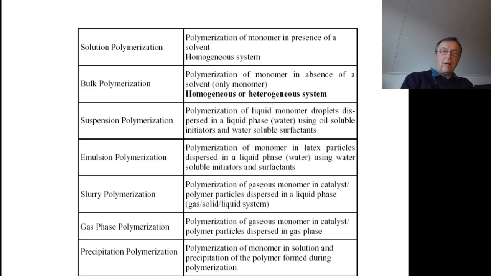So these latex particles are much smaller than the polymer particles that we produce in a suspension polymerization, and for many applications, for example for coating, we use these latex particles directly from the polymerization process.